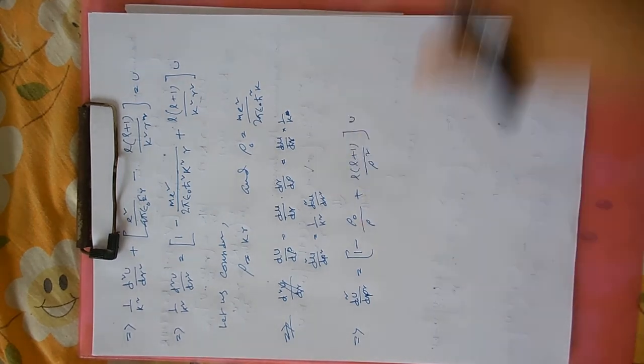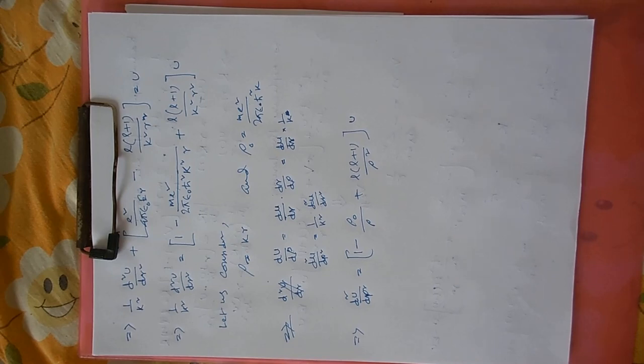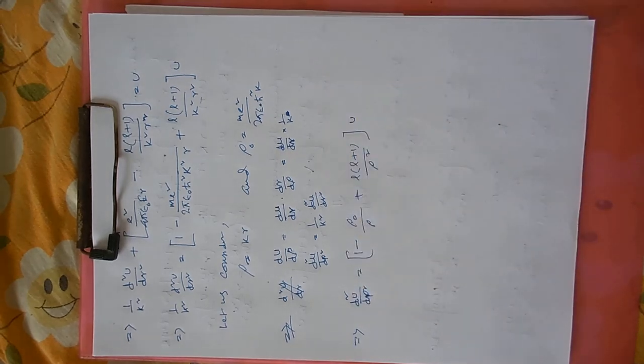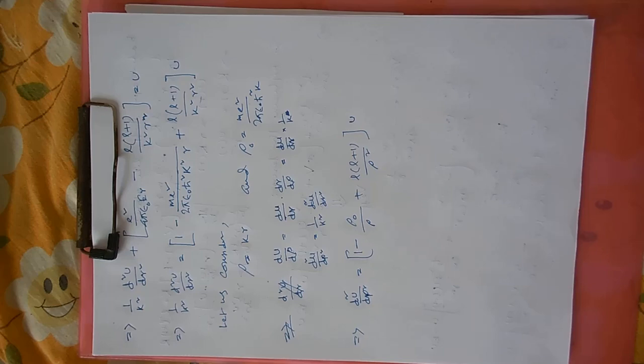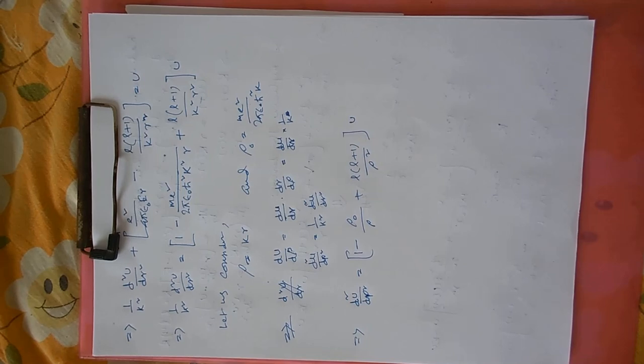Now, like we have done in the previous problems, we have found the two asymptotic solutions of the equation by varying the variable at infinity and also at 0, that is, tending to infinity and tending to 0. We will now find the solution of this differential equation.